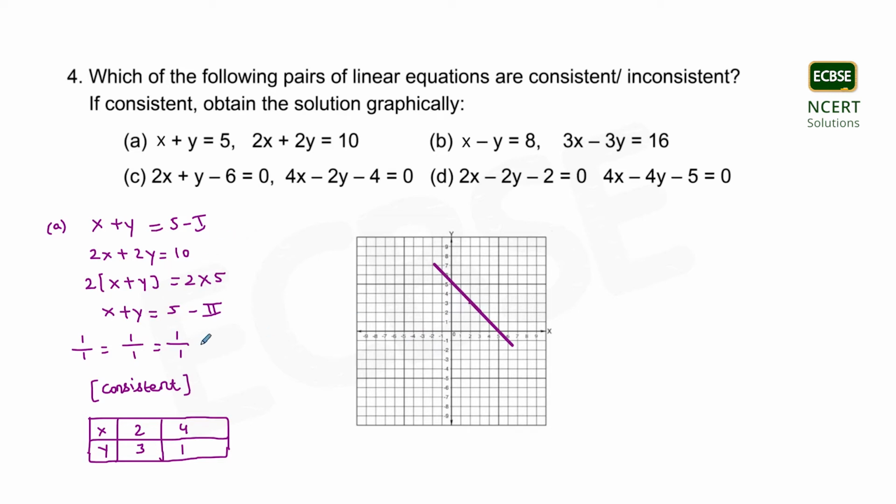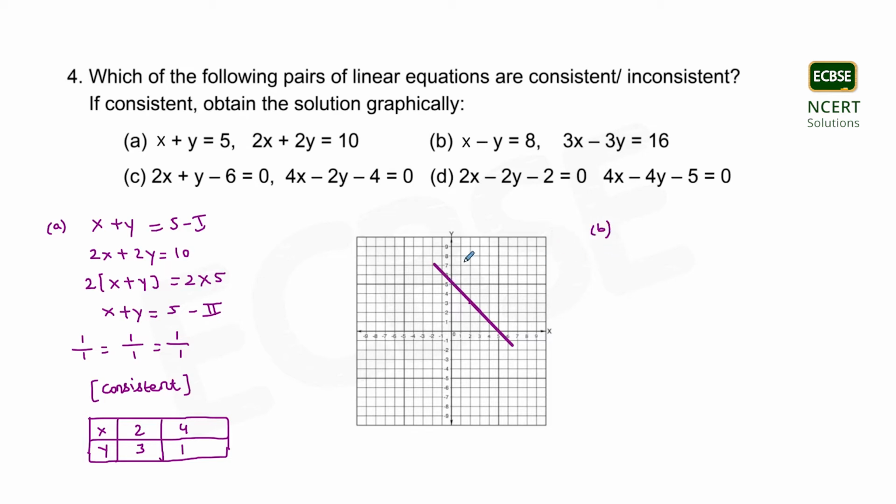As the two equations are the same, they will overlap each other. That is, every point which lies on equation 1 will be a point of equation 2 as well. So we can take an infinite number of values of x, find the value of y by putting those values of x in the first equation, and those points on the graph will be points of the second equation as well. So this is the graphical representation of part A.